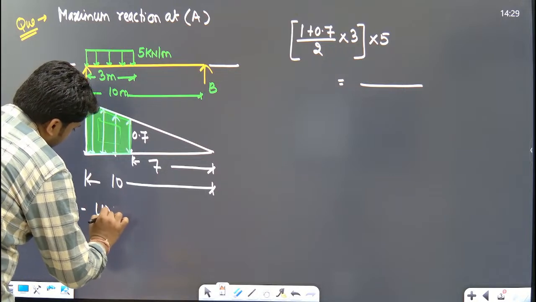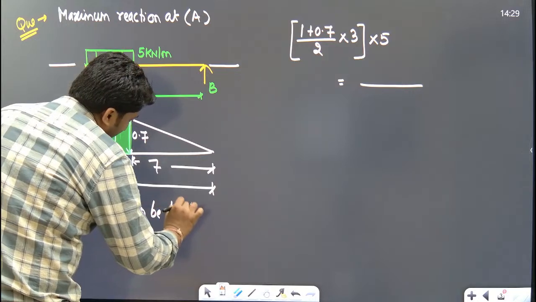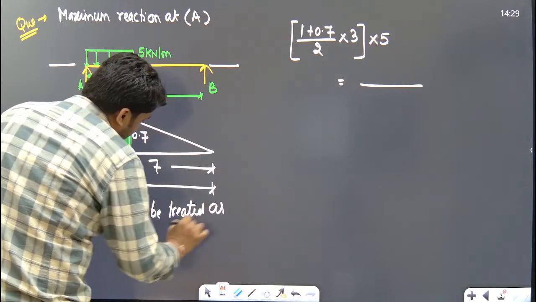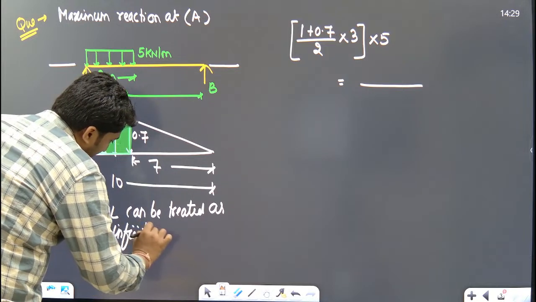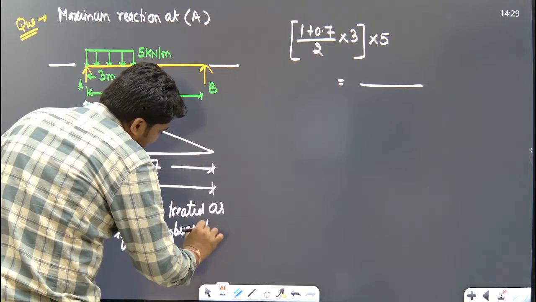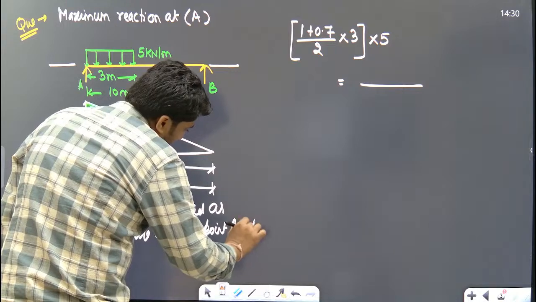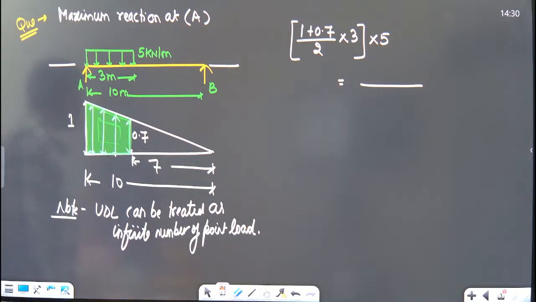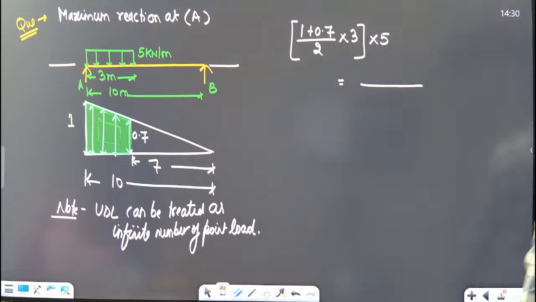UDL can be treated as infinite number of point loads. Understood? You will get the answer. What is the answer for this question?